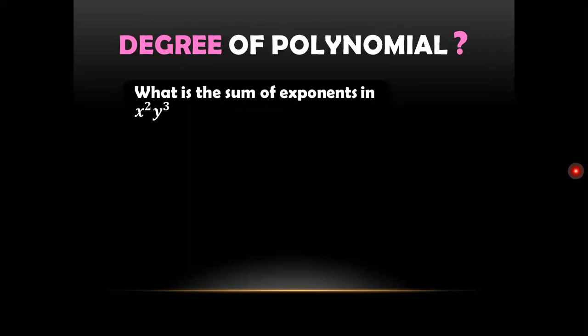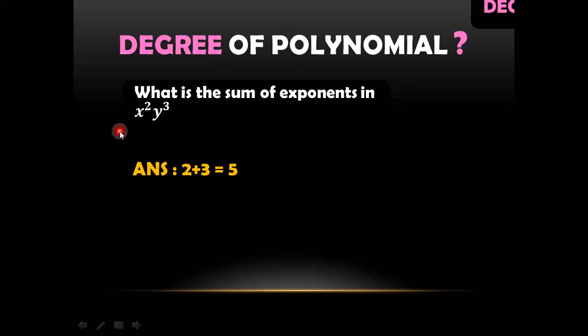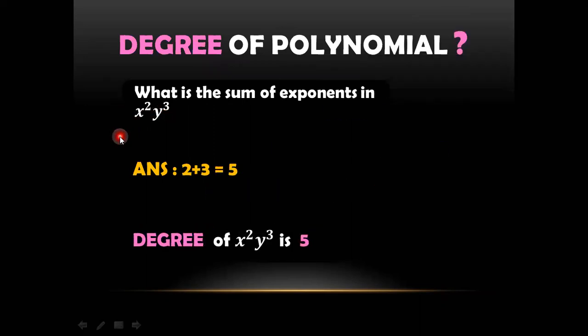And I will ask you a question: what is the sum of exponents in x square y cube? It's a monomial. This is just 1 term. The sum of exponents of the variables here is 2 and 3. X का exponent 2 है, y का exponent 3 है, इन दोनों का sum बनता है 5, right? So the sum of exponents is 5, and this is the degree of this polynomial. So it means that degree of the polynomial has some connection with the sum of the exponents. Yes, it has some connection.